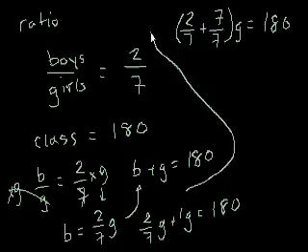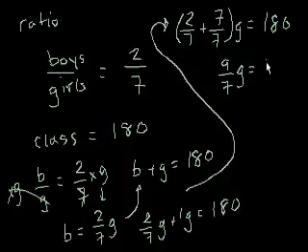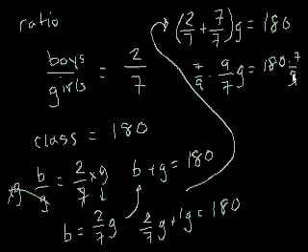So 2/7 plus 7/7 g equals 180. So we have 9/7 g is equal to 180. And then we just multiply both sides times the reciprocal, times 7 over 9. Whoops, that's not a g, that's a 9. Once again, intentional device to confuse you. These cancel out, and you get g equals 180 times 7 over 9.